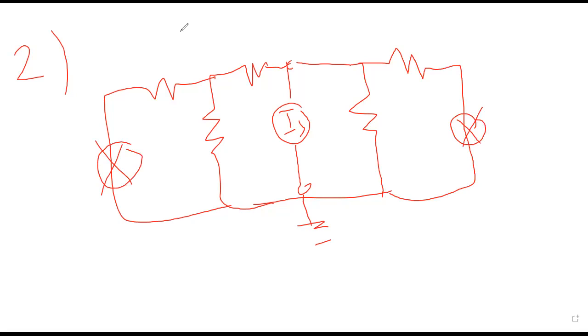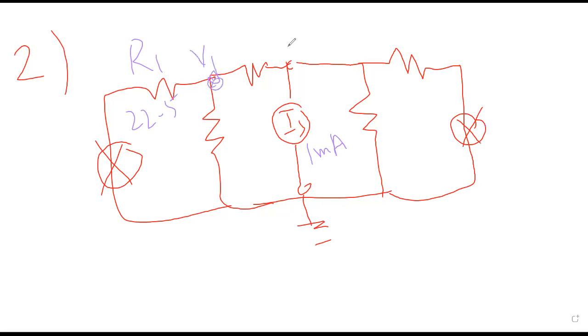Now comparing the values. IS equals 1 milliampere. This is my R1. R1 equals 22.5 kilo ohm. All the values are in kilo ohm. Now this is my V1 point.